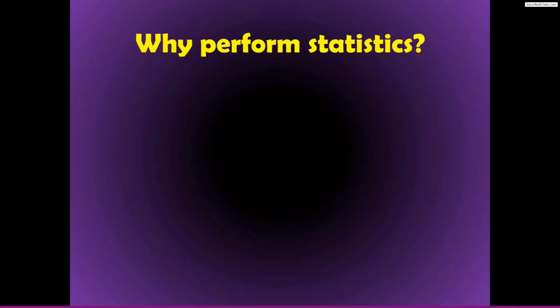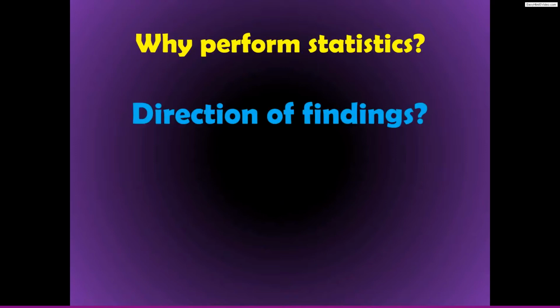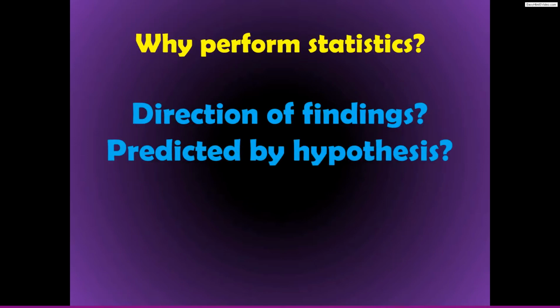So first, this may seem like a stupid question, but I think it's important to think about why even perform statistics, and do you need to perform statistics? Do you need statistics to determine the direction of your findings? And by direction here, I'm referring to an increase or decrease relative to the baseline, or condition A relative to condition B. Do you need statistics to determine what patterns of results are predicted by your hypothesis?